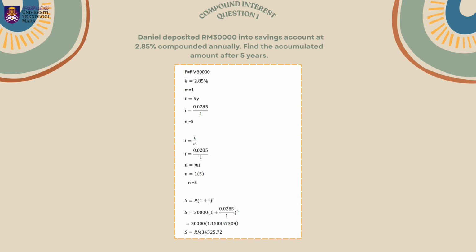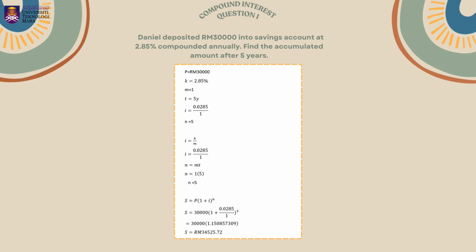So, the formula is S equal to P(1 plus i) to the power of n. Next, S equal to 30,000(1 plus 0.0285 over 1) to the power of 5.